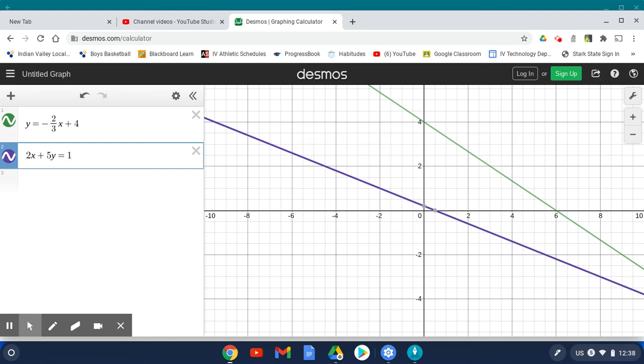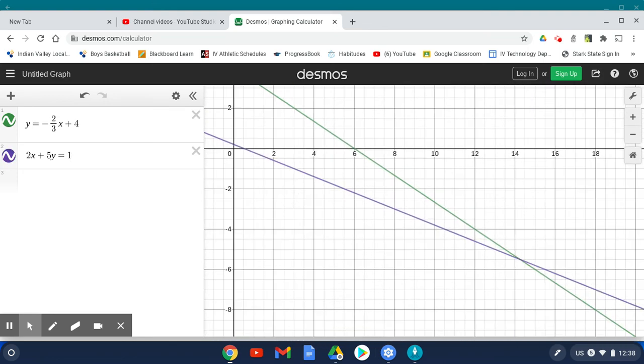Now, you can see where these lines intersect. And look at those values, 14.25 and -5.5. Using technology, we can find a solution so easily. So can you use Desmos? Yeah, you can.